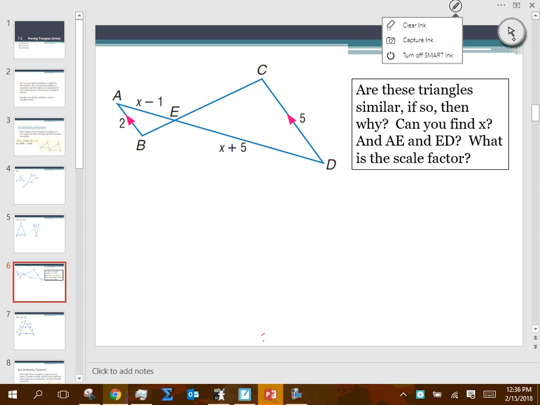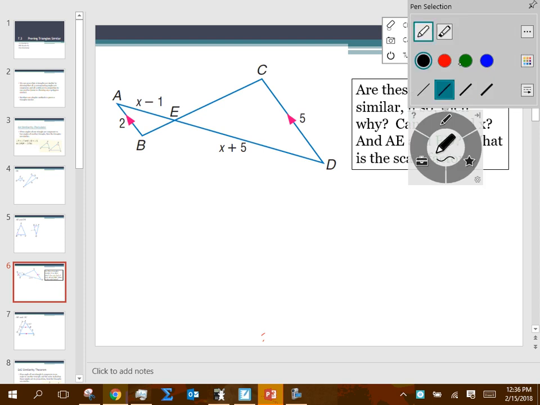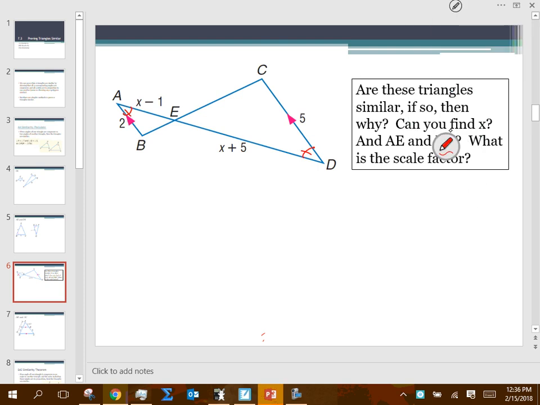Okay, A and D. All right, why are A and D congruent? All right, so you got that line. So you look at the parallel lines, right? So those two lines are parallel. You have that guy right there, which is a transversal, correct?